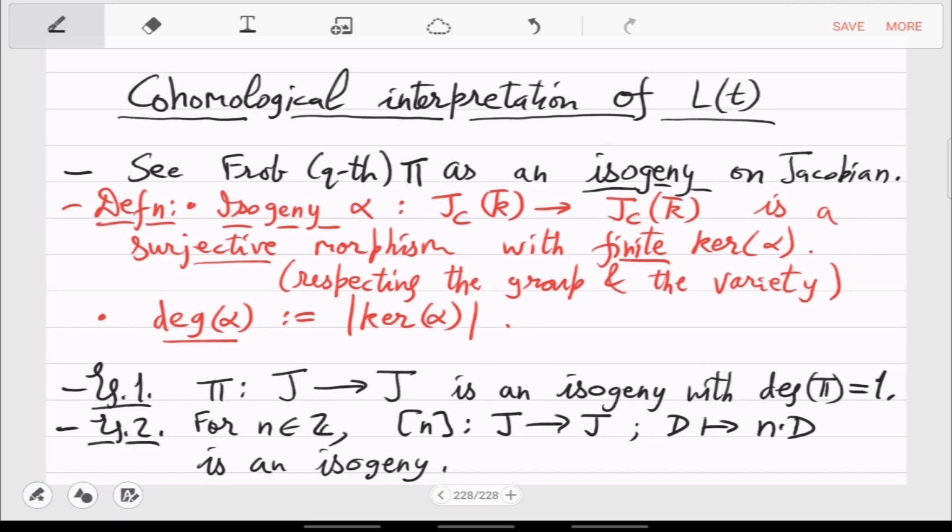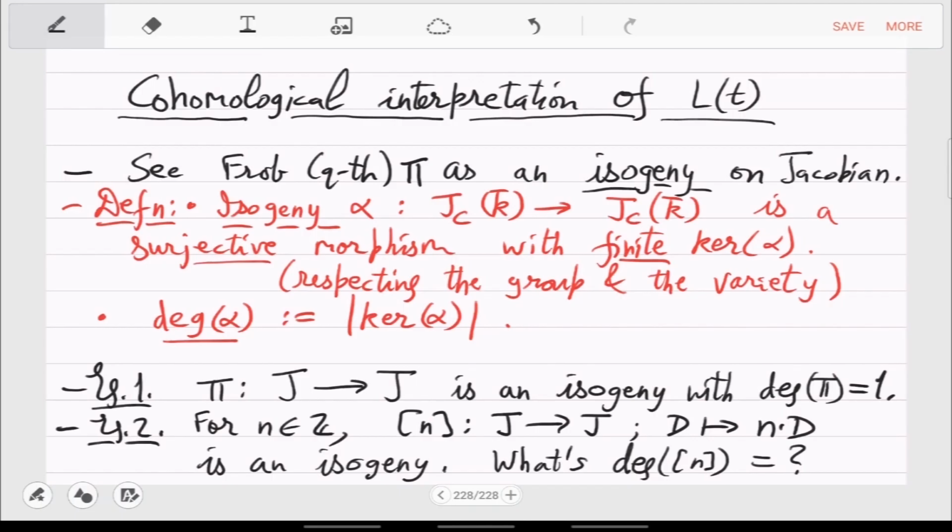What is its degree? Yeah, so surjection and finite degree is still intuitive. What is very tricky is calculating the degree.